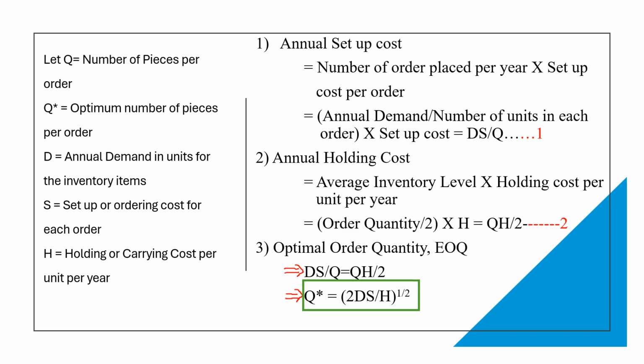Make it equation 2. Then the optimum order quantity, Q hyphen, or EOQ, is found by equating the annual setup or ordering cost to the annual holding cost. If you do that, then you find that the EOQ quantity is the square root of 2DS by H. That is the economic order quantity model.